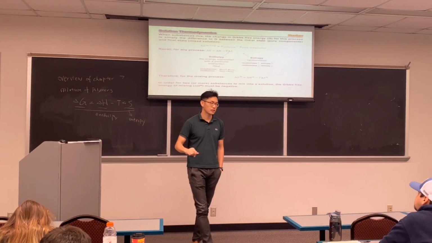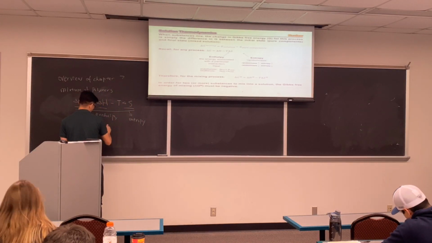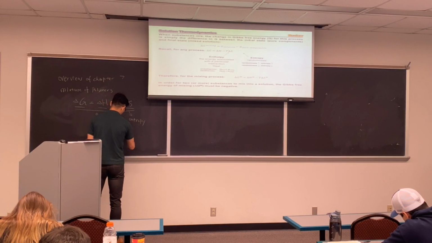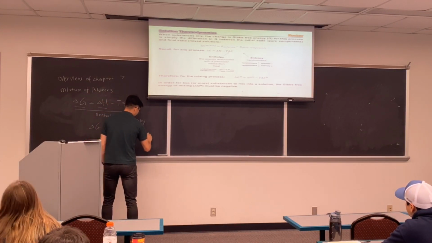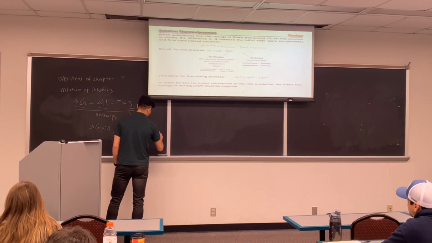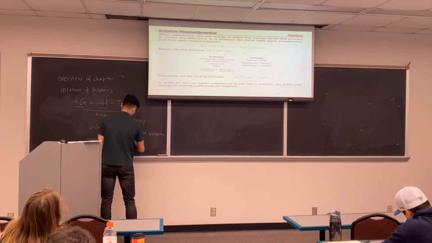Okay? So the Gibbs energy is given by a combination of enthalpy change and entropy change in the system. And we know when delta G is negative, this means the process would spontaneously proceed. Okay?